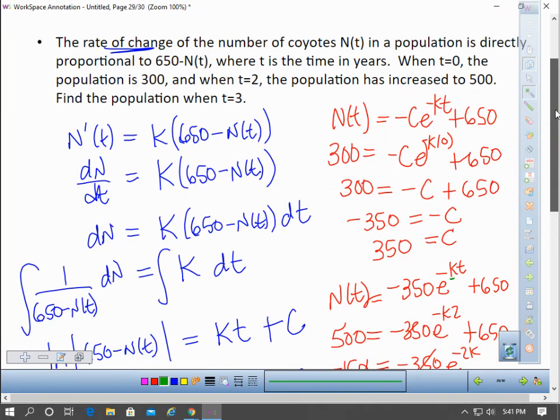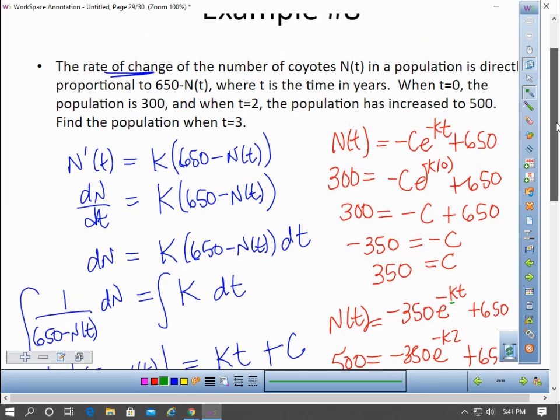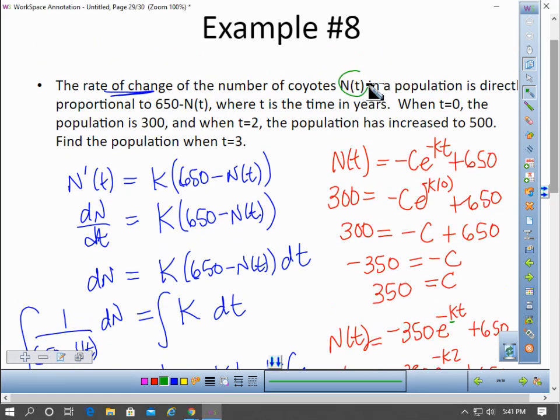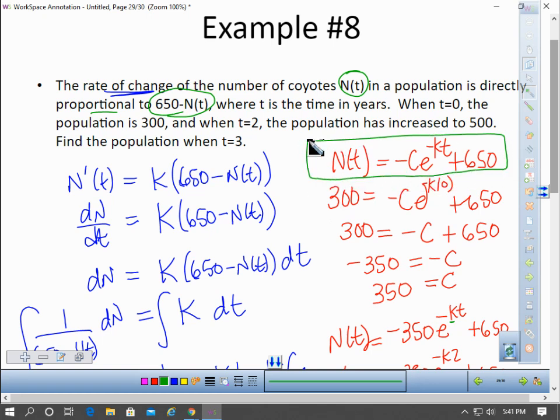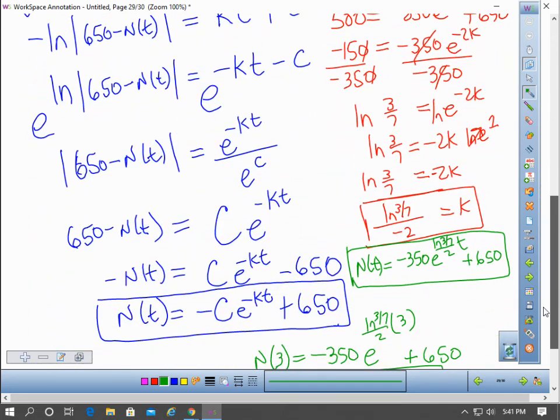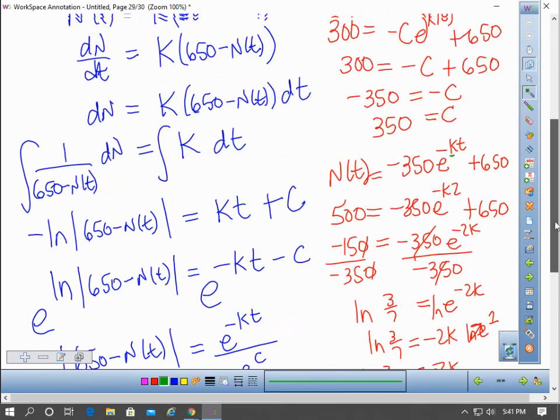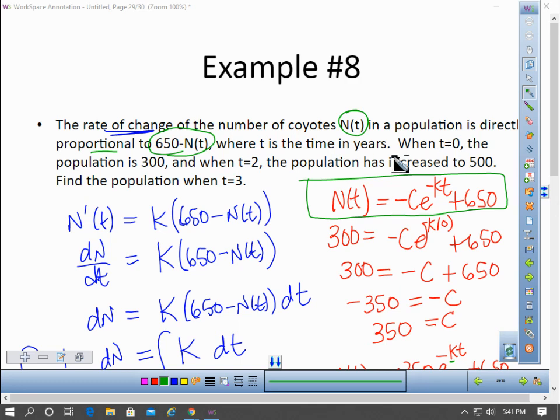All right, so I wrote the problem out. The rate of change of this had to be directly proportional to this expression, so I wrote that out first. And then I separated and integrated and found an equation. Then I put in 0 and 300, and that's when I found C, being this.